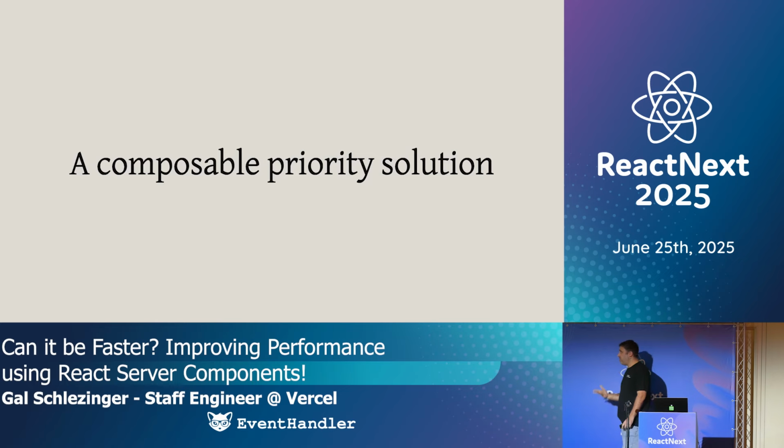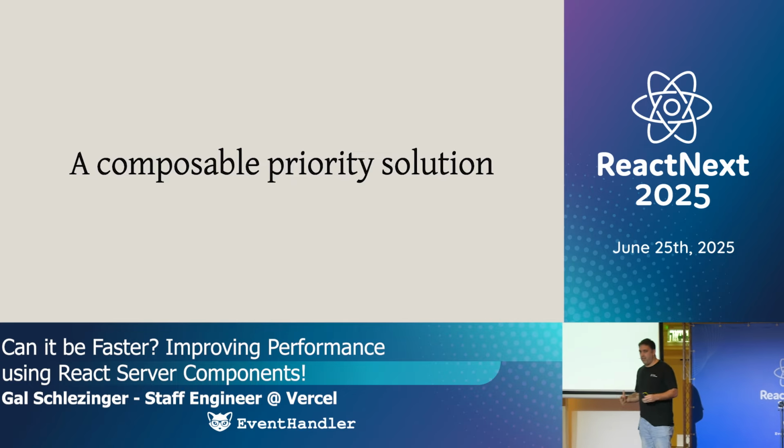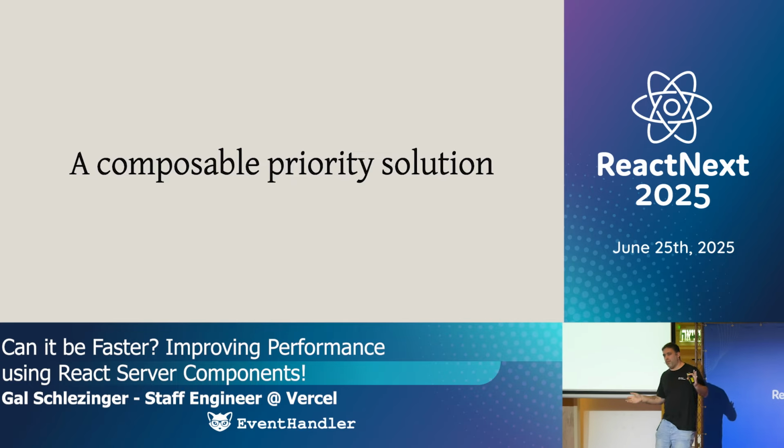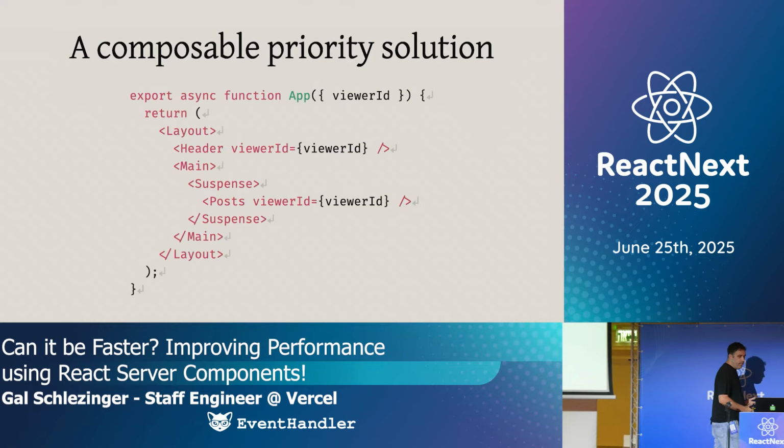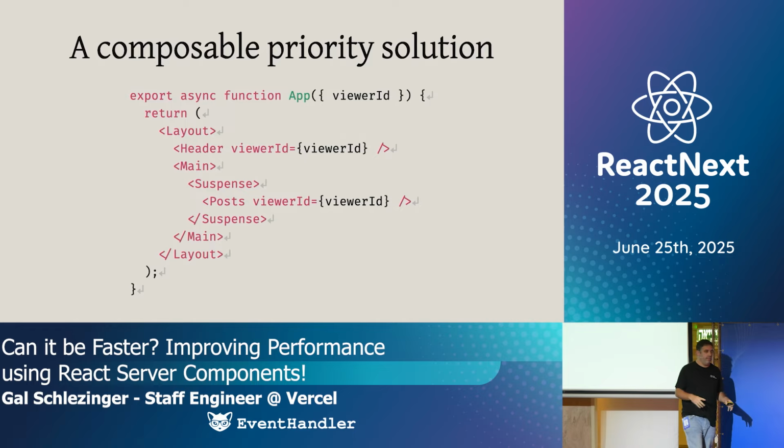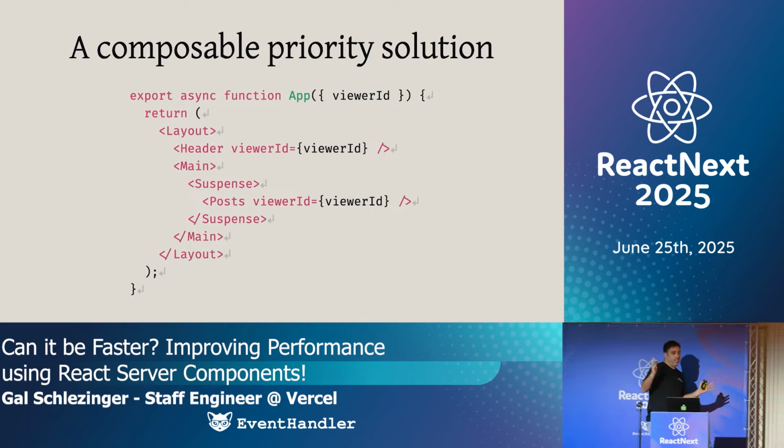And this is a composable priority solution. Suspense is about rendering priority and not about not awaiting promises. It's about telling what is important and what is not. So you can see that not just in the post component, but in your entire app layout. So you can have a layout, a header, and a main section, and the post list, like the timeline of that app, is less important than the actual navigation of the page.